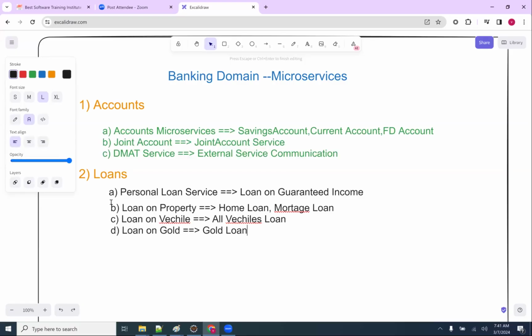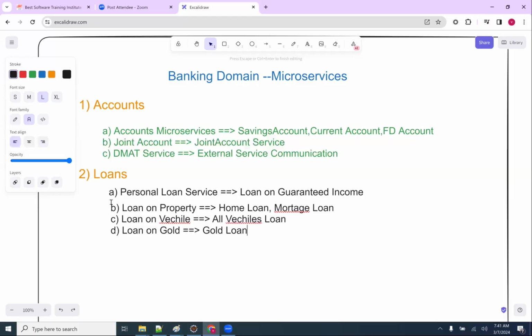Now, for any loan, either it's a personal loan or a property loan or a vehicle loan or a gold loan, they should have an account, right? So this loan service will talk to the account service also to get a loan creation.